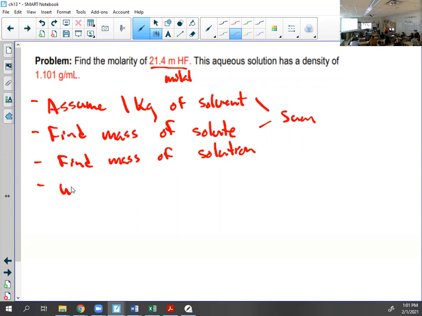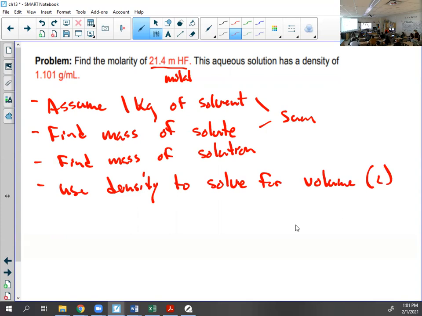All right, use density to solve for volume. Then solve for molarity.